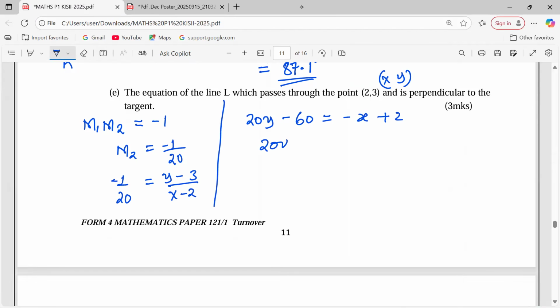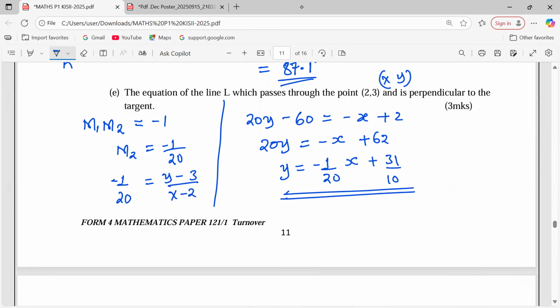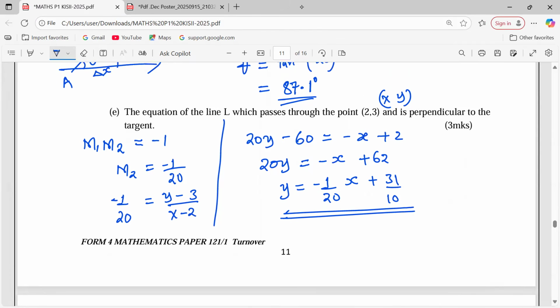So 20y equals -x plus 62. We can remain with y equals -1/20 x plus 62/20, which is 31/10. So now we have the final equation, the equation of the line which is perpendicular to the tangent.